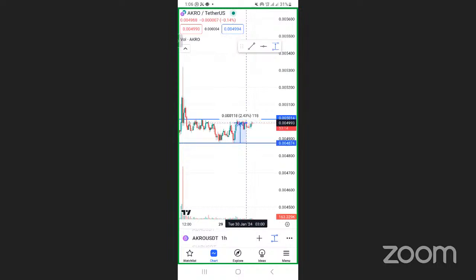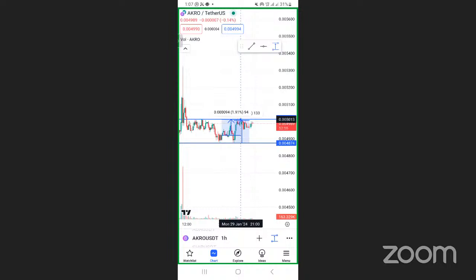Then let's see. I see 2.7. Another opportunity was here, and they saw that it moved up. They made around 2.8.